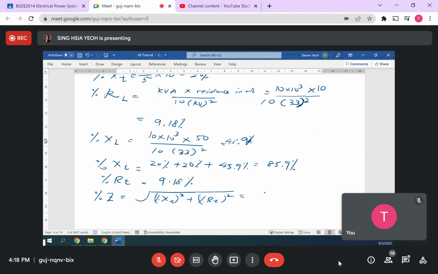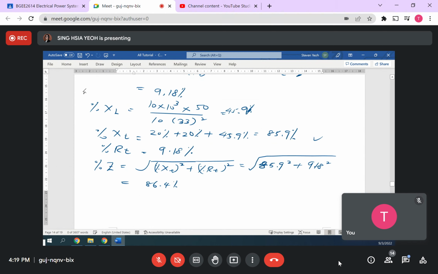So which is 85.9 to the power 2, not 45, 85.9, plus 9.18 to the power 2, square root it. Then you should get 86.4%. Are you okay?